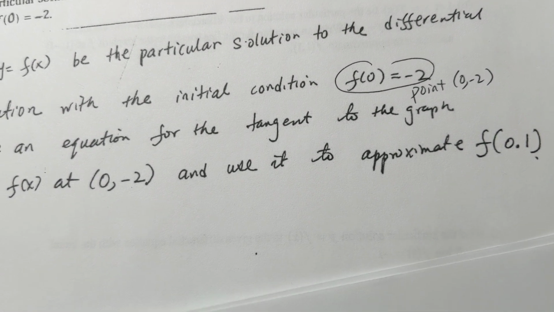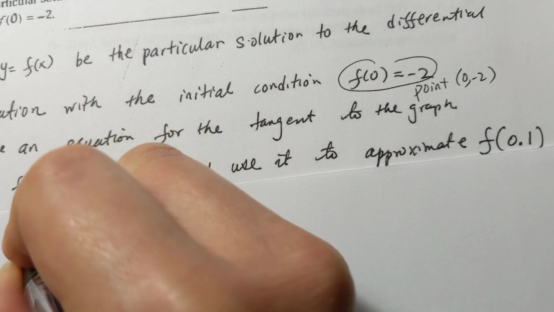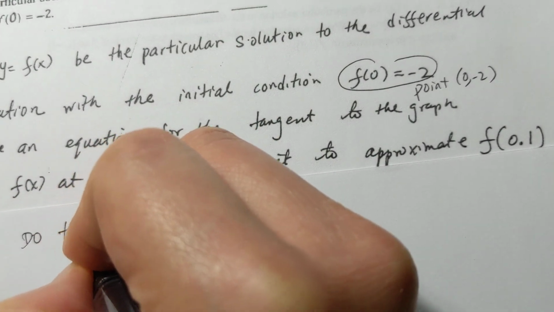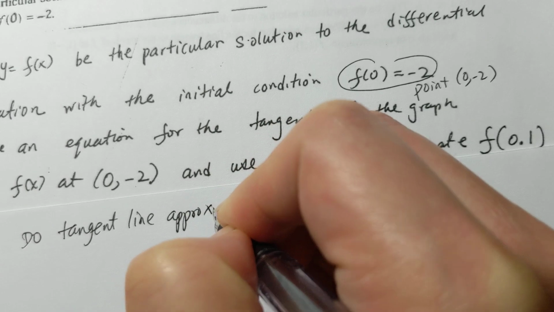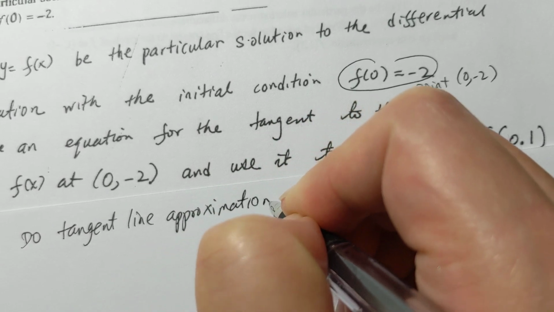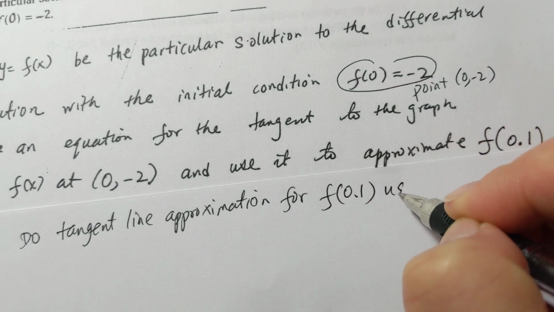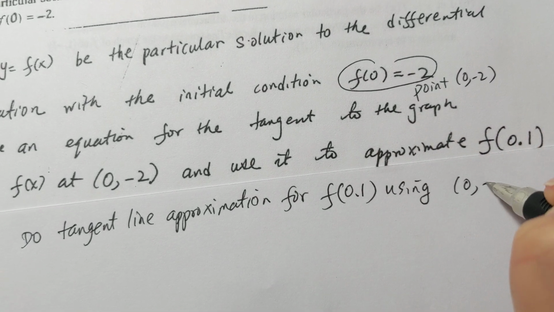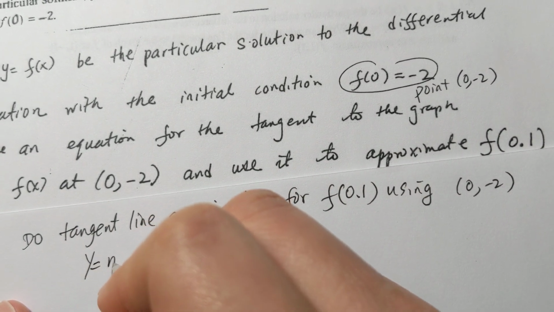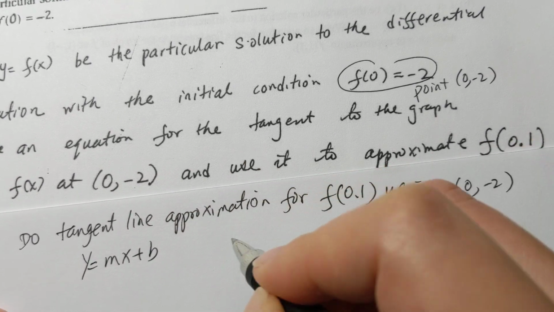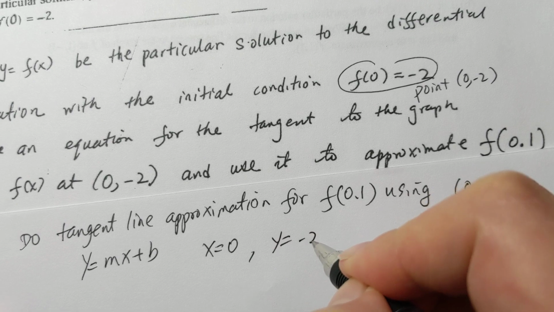So we are going to do tangent line approximation for f of 0.1 using (0, -2). That means we need y equal to mx plus b. So we know x and we know y.